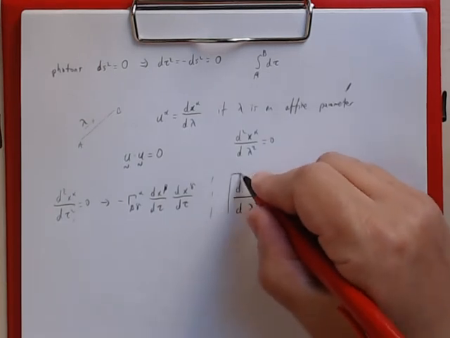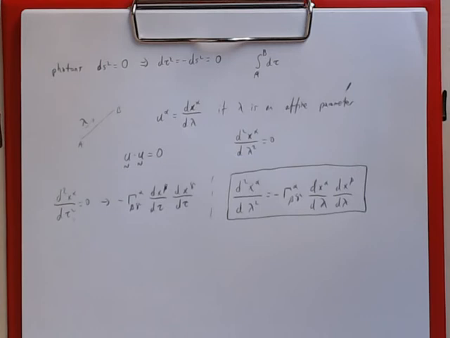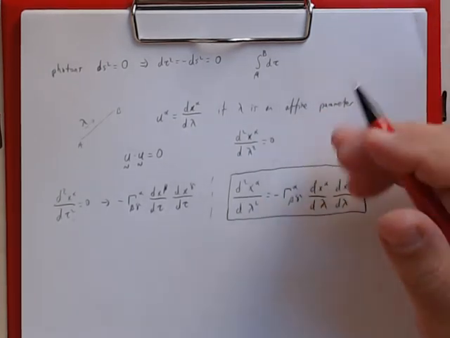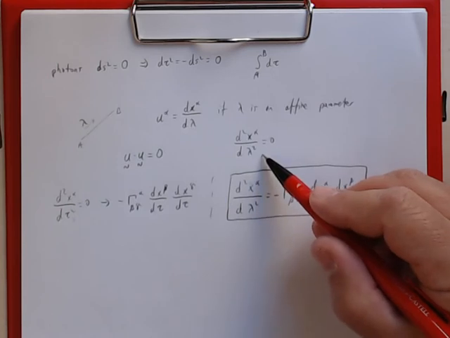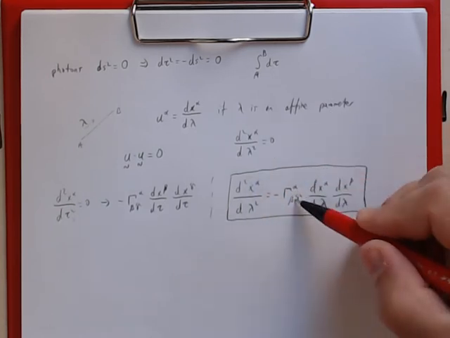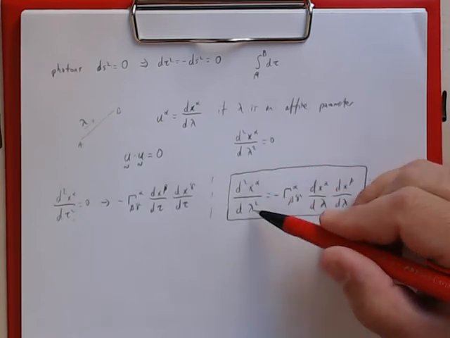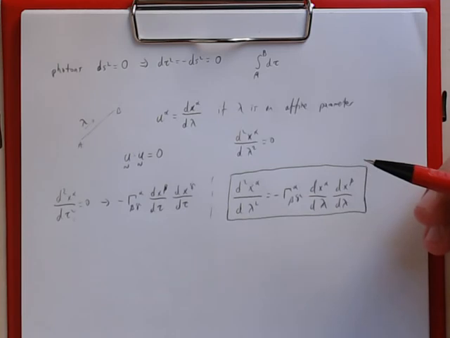So this is our geodesic equation for photons in curved space-time, and this lambda is some affine parameter. It has to be an affine parameter because we want to have this in flat space-time. In flat space-time, of course, the Christoffel coefficients vanish, and this really reduces to this. So this really has to be an affine parameter.